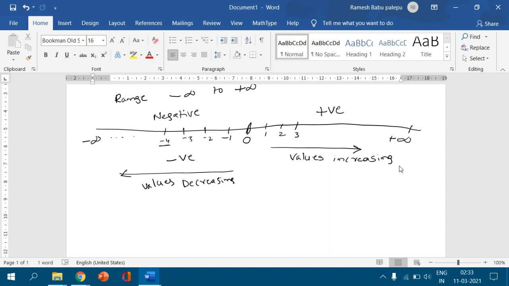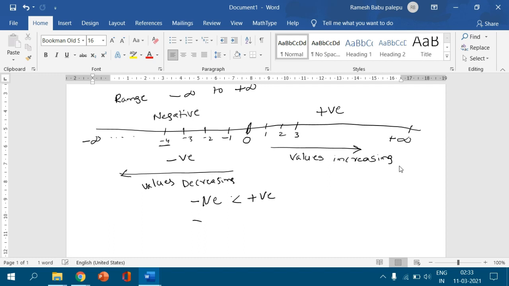This is a small introduction about the integers. Now, how do we find the bigger one and the smaller one? Negative numbers are always less in value than the positive numbers.